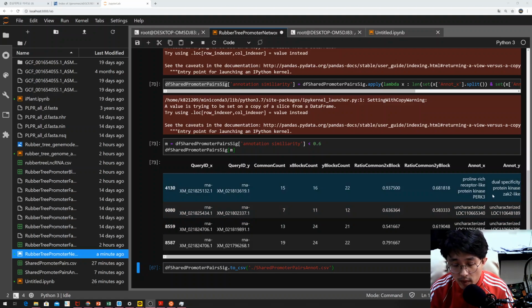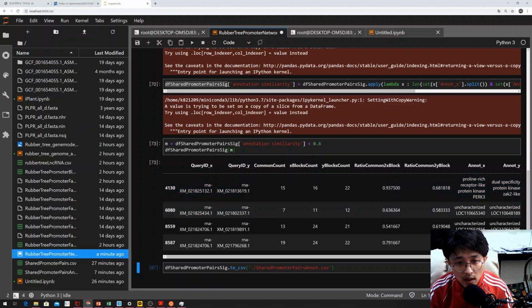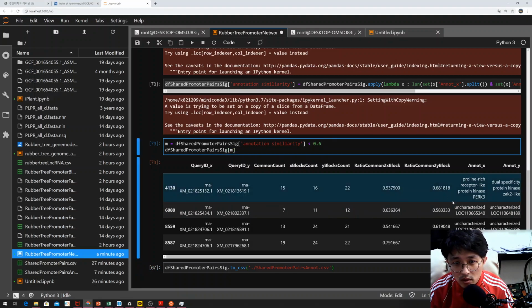So I don't use my own eye to determine whether these two are different. I can use this threshold to find these two, right?